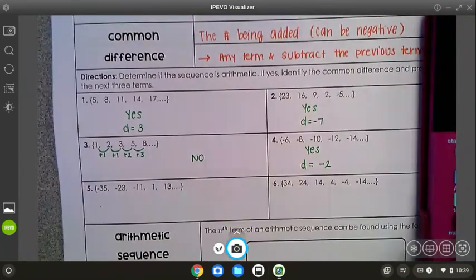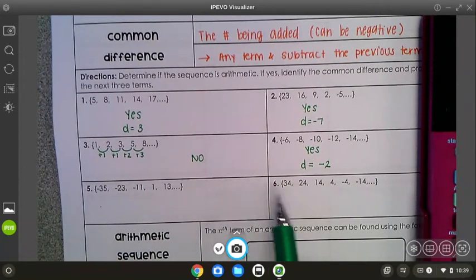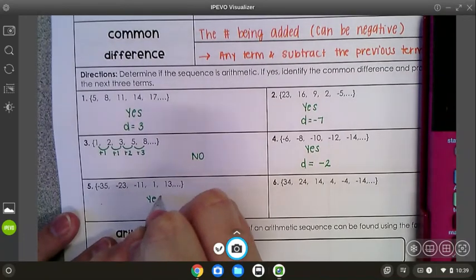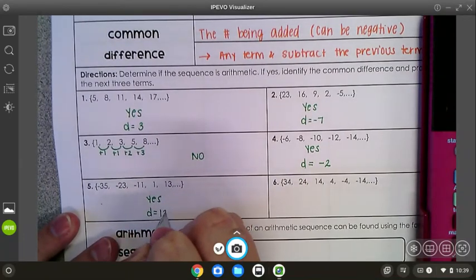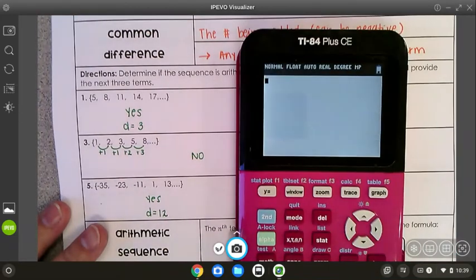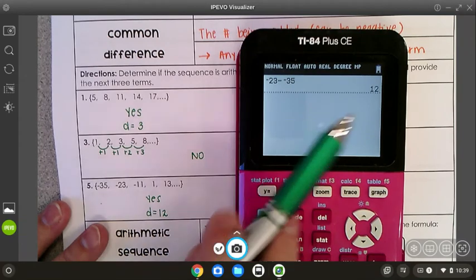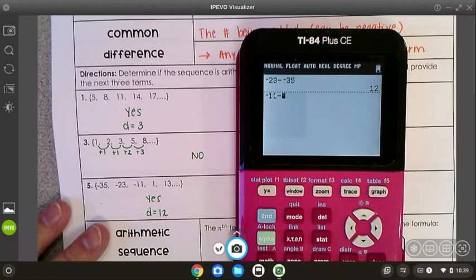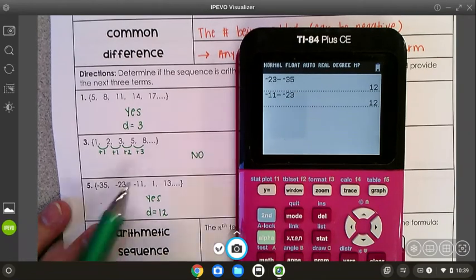I want you to pause the video and try numbers 5 and 6. All right, number 5, it is yes, and the common difference is 12. Remember, if I take negative 23 minus negative 35, we get 12. If I do that every time, we're going to get 12.